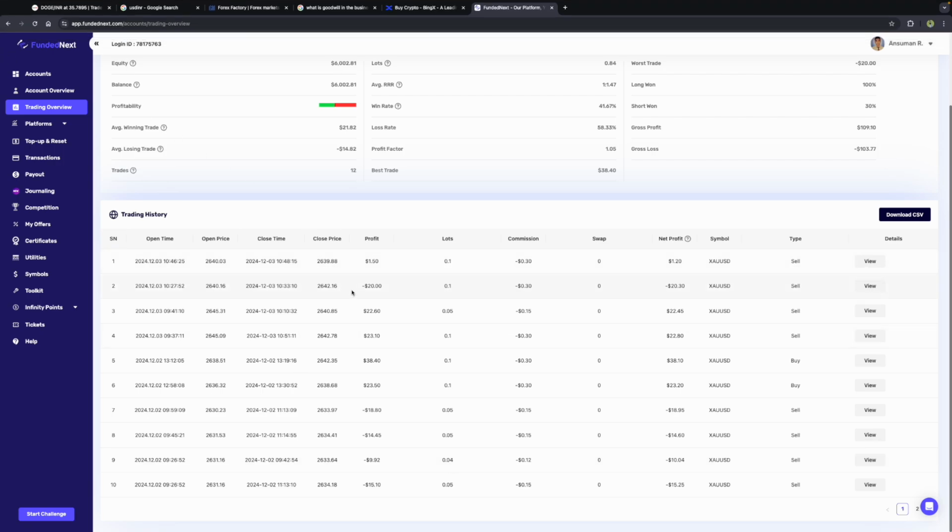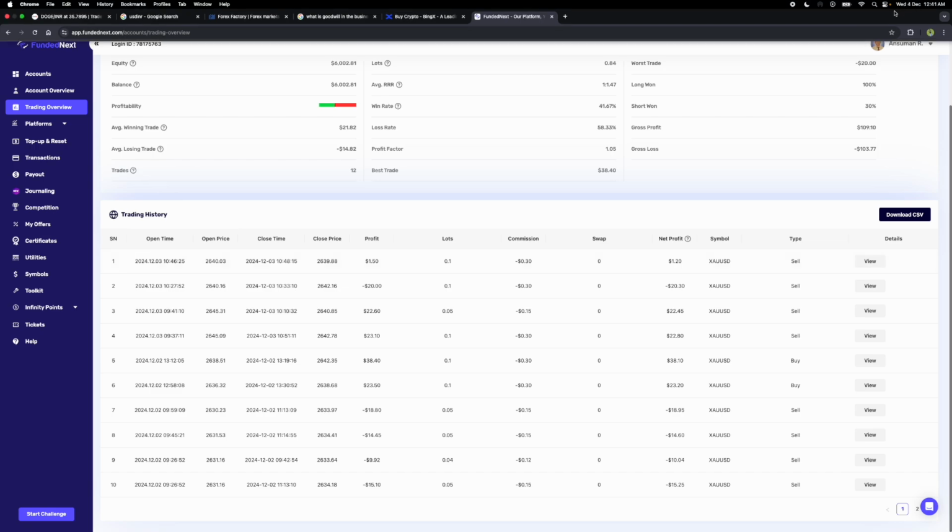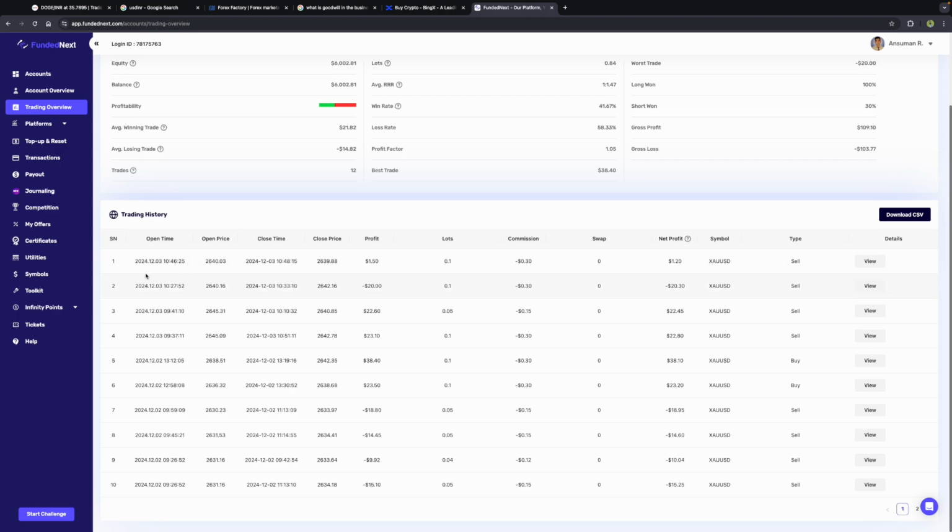So this is the trade history. Today is Wednesday, 4th December, and the recent trades I am going to explain were executed on 3rd December.